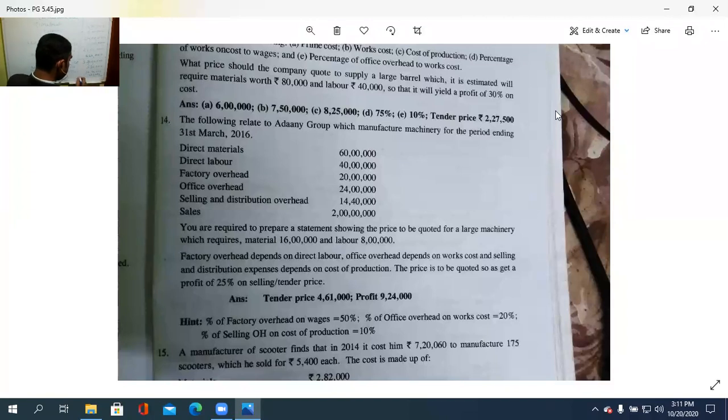So it is 12,32,000. We are adding this because the given answer is wrong. Tender price is also wrong and profit is also wrong. They are directly taking 25% of the total cost.